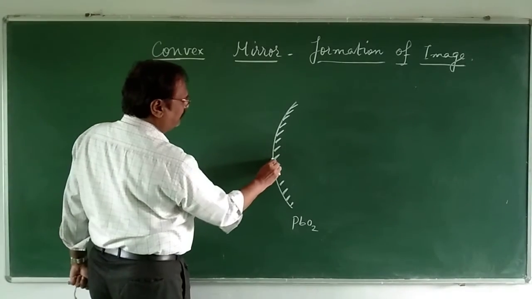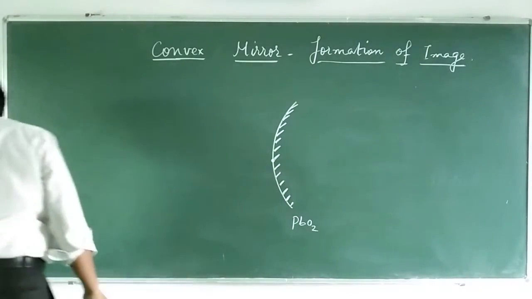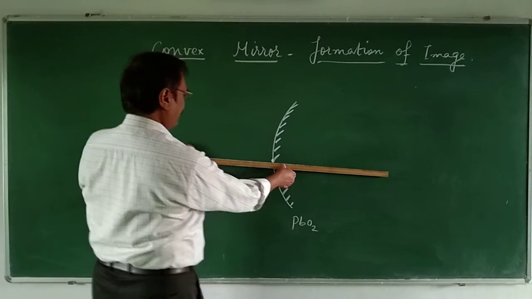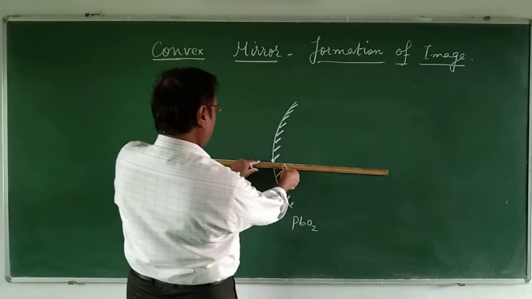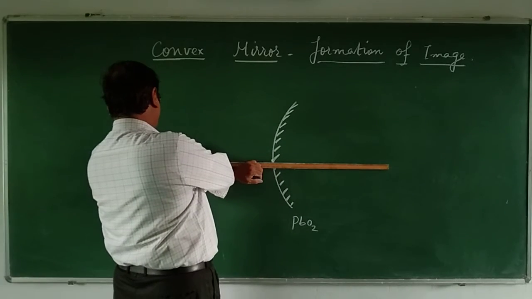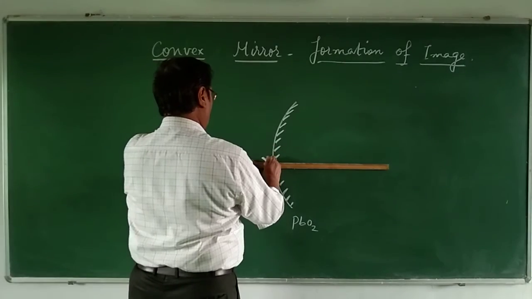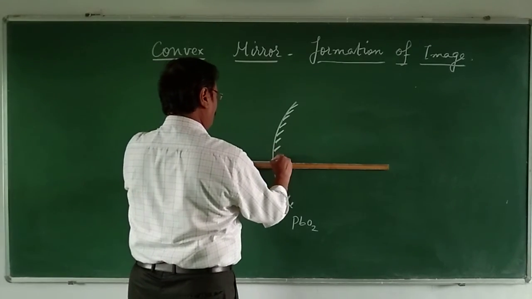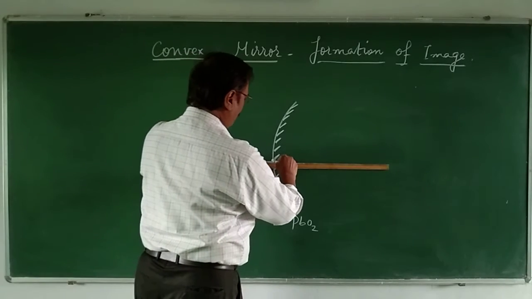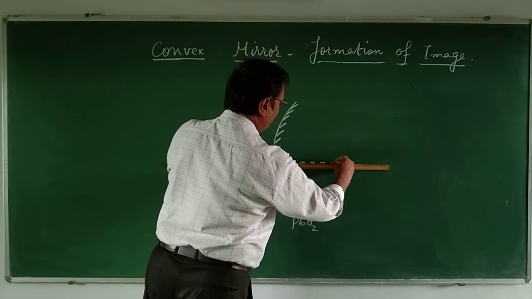The middle point, you know, is called the pole. Fine. Now, let us draw the principal axis. So, this is going to be the principal axis. I told you, behind the mirror, virtual things are not real, so dotted lines I am going to use.